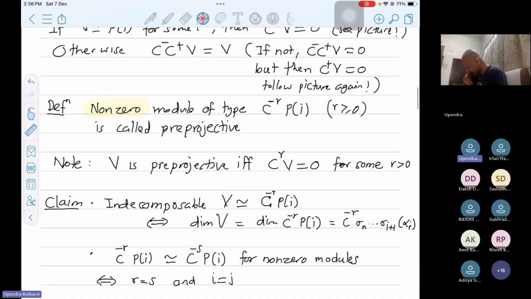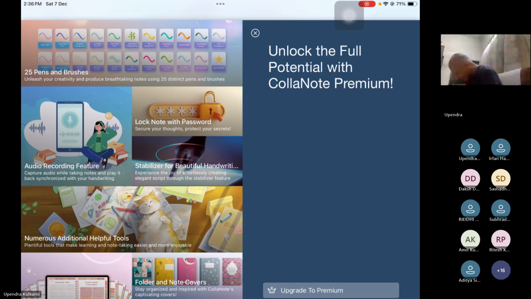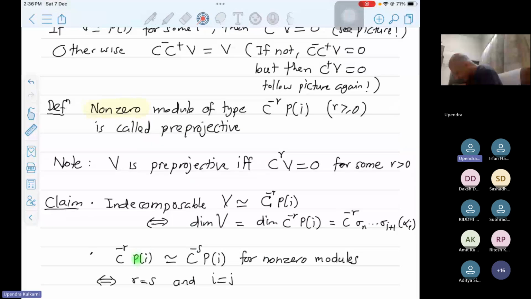So what is this thing saying? It says that if I start with two different Pi, sorry, this should be Pj.